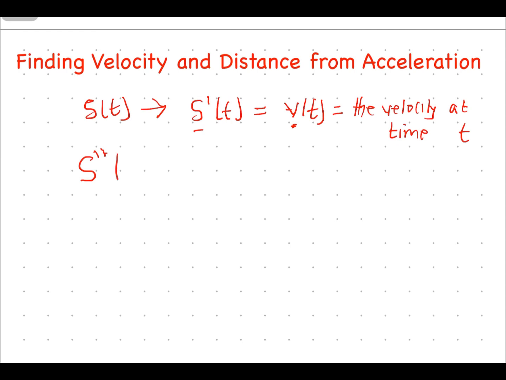So in this case, when I differentiate the distance function twice, I get the derivative of the velocity that I got up there, and from there I have my acceleration function. So this is equal to the acceleration at time t.